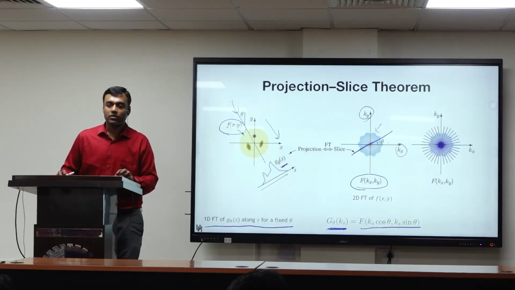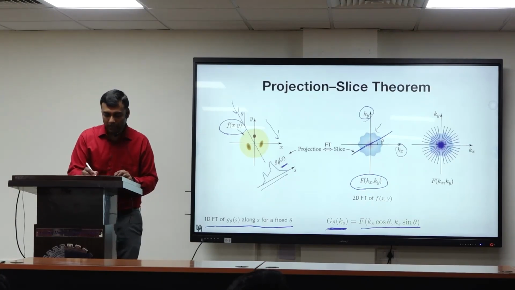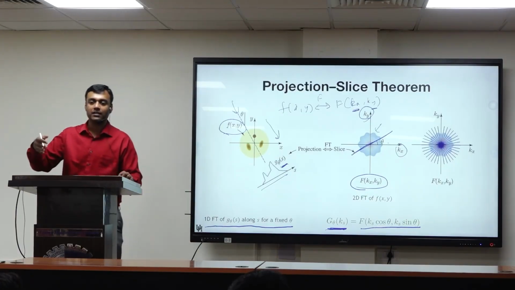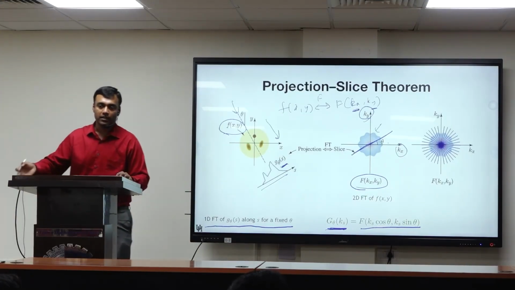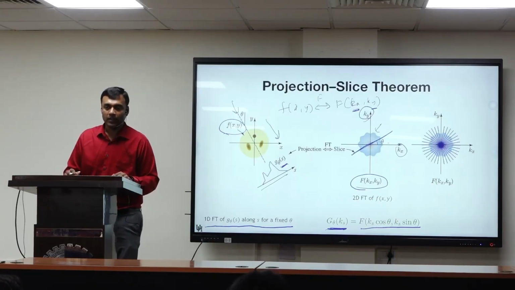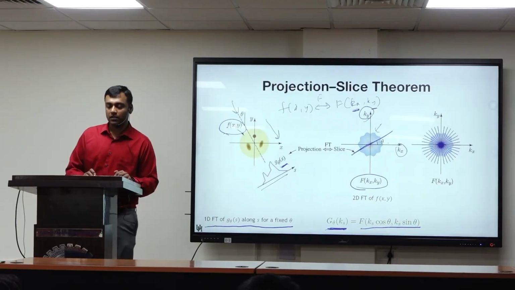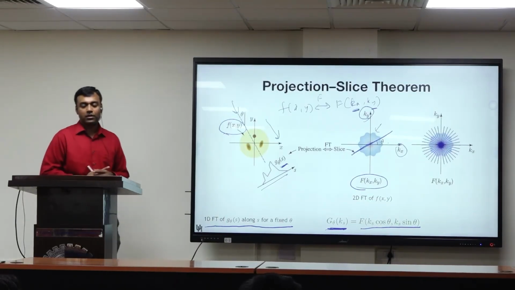So f(x, y), if you take the Fourier transform, you get F of k_x, k_y. These are the Fourier axes, the Fourier x-axis and Fourier y-axis of k_x and k_y.